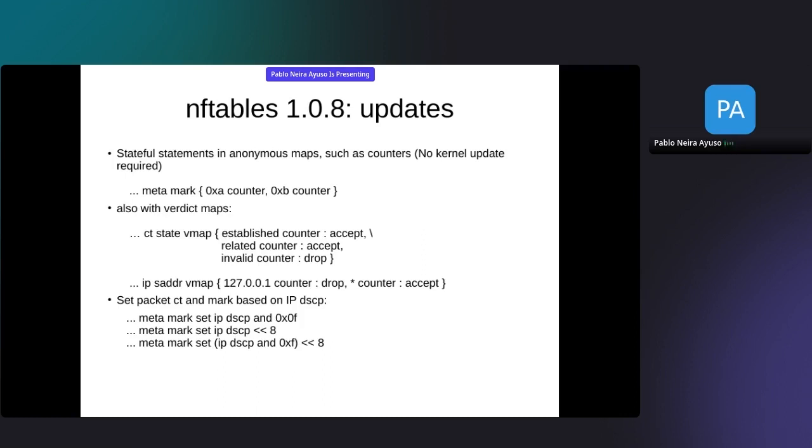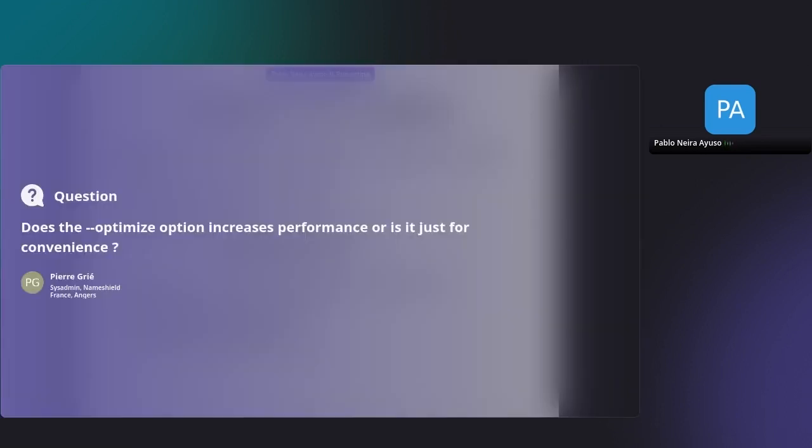I can see there are some questions. Does the optimize option increase performance, or is it just for convenience? It does. Anything that helps utilize sets and maps more improves scalability of your firewalling.